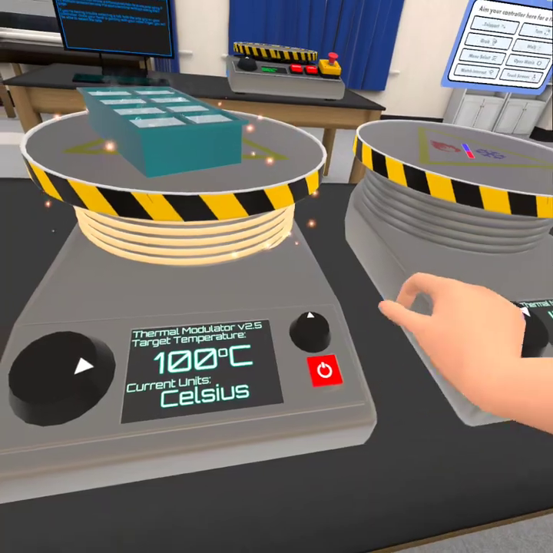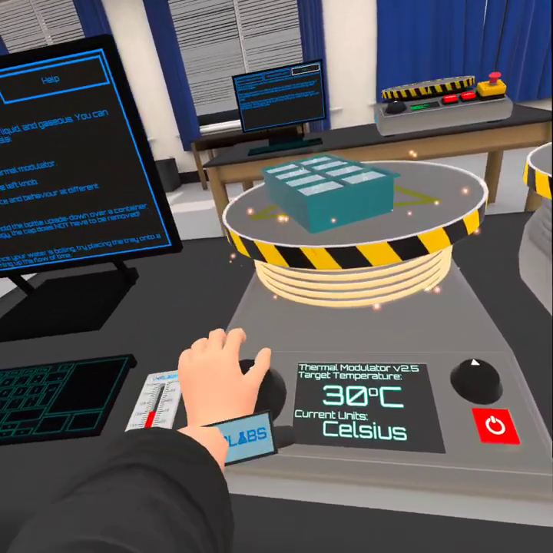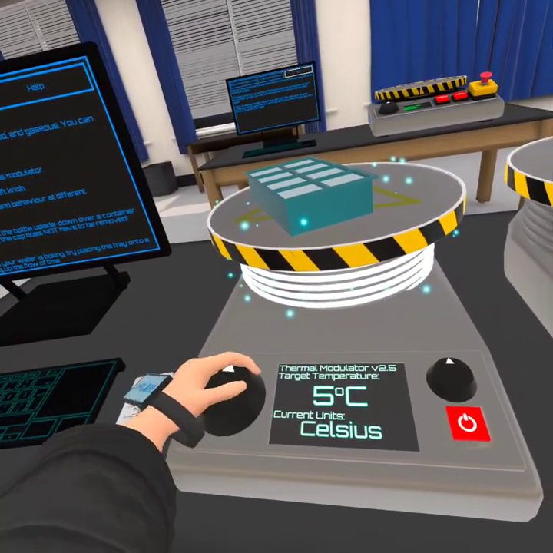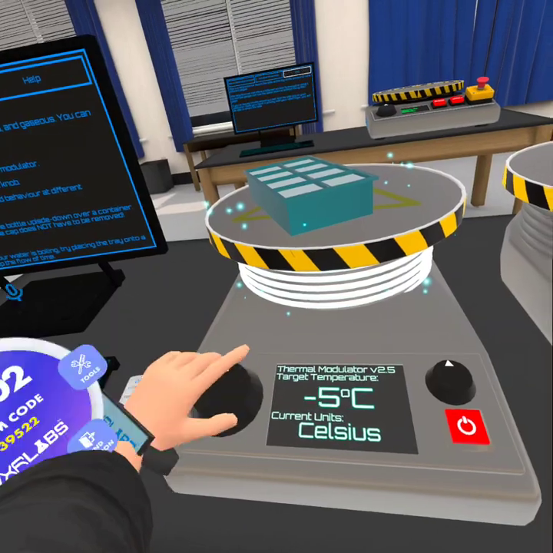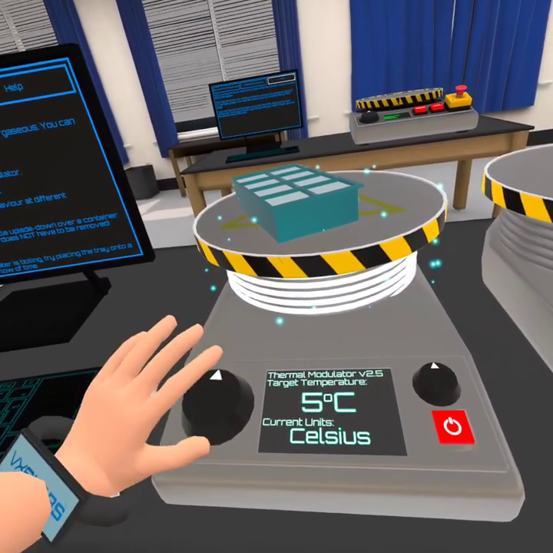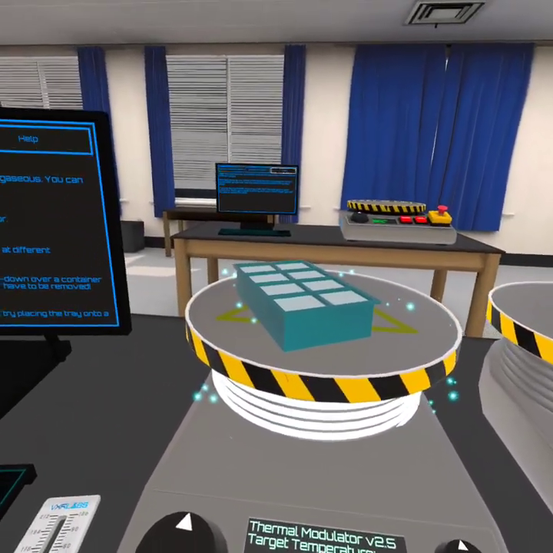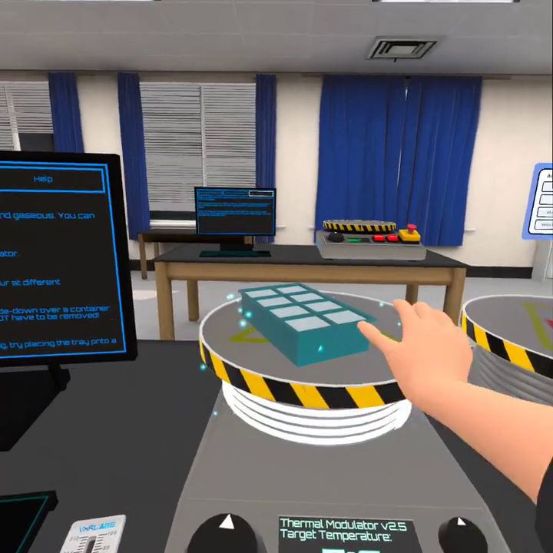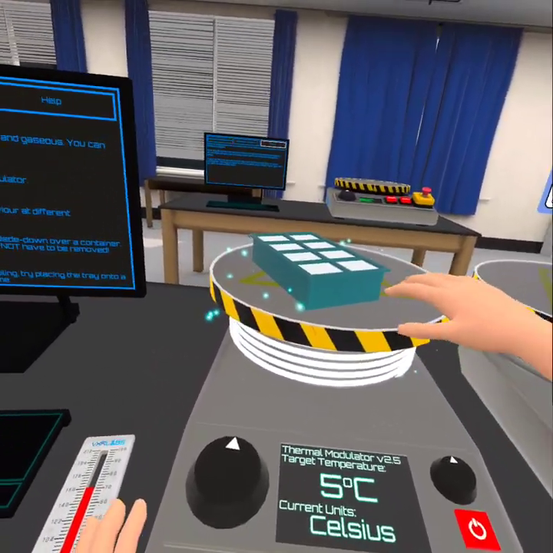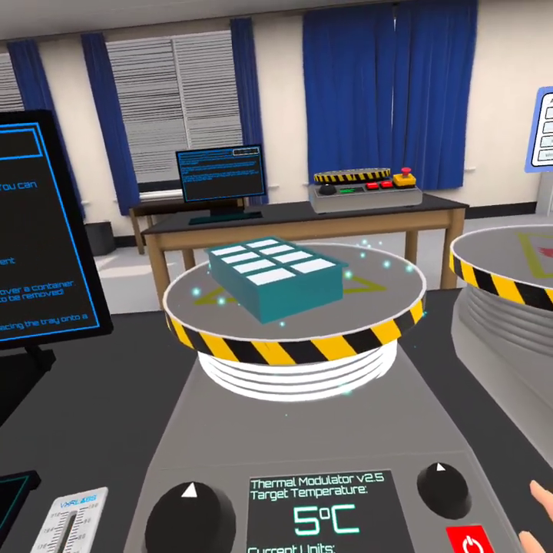So if I simply click on this button here, I will decrease the temperature to, not minus, actually 0 first. Let's go for 0 or 5 degrees Celsius, that is also fine. Okay, now if I decrease this temperature, this whole liquid and gaseous material will change into solid state.